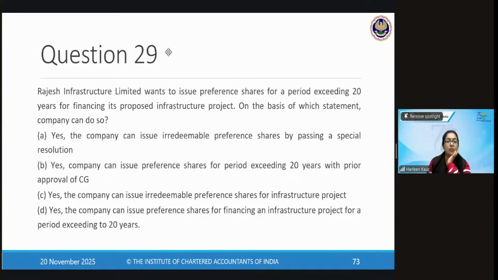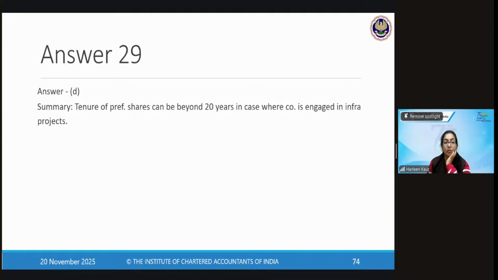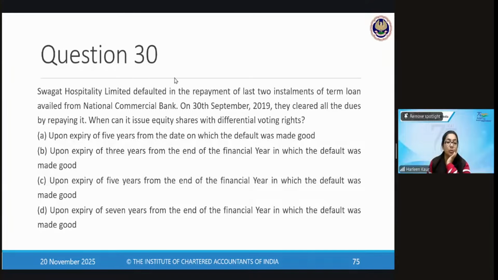Correct, everybody? Let's move to the next one. Yes, maximum 30, but it can have more than 20, but not exceeding 30. But more than 20 is also for infrastructure, okay?